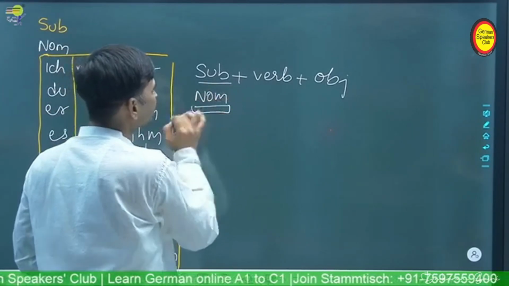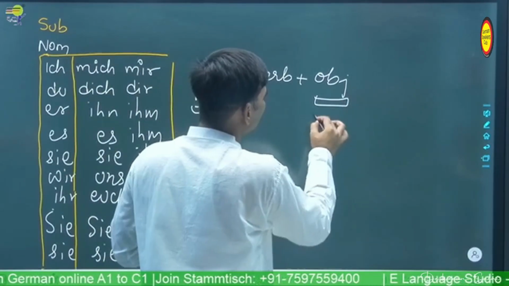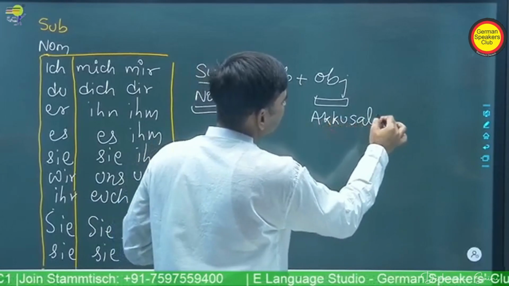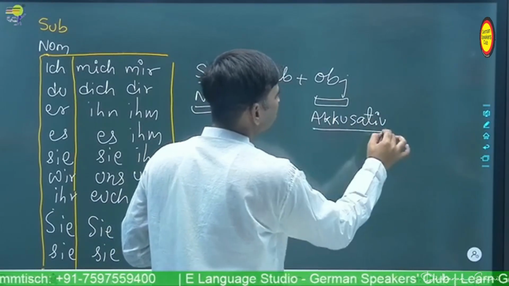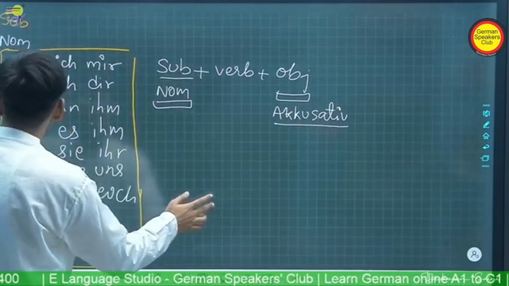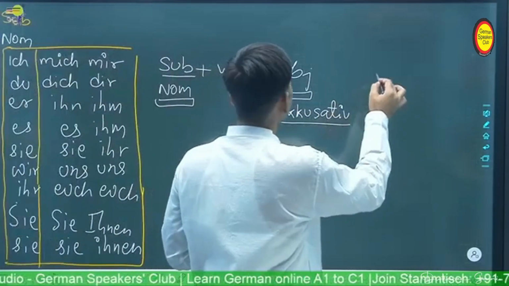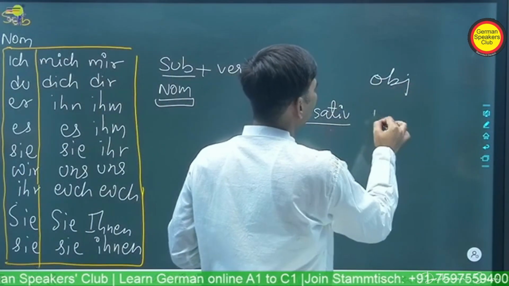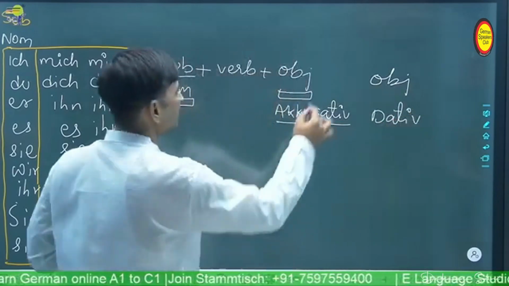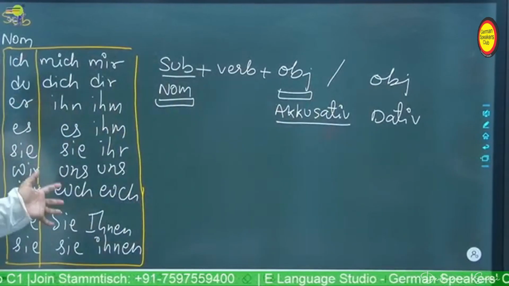When I talk about object, whether I call it accusative or dative case, I would call it Akkusativ at times, so that you get to know that there is a German teacher who has come to teach you. And at times I will call this object in the form of dative, or Dativ. I will explain this. This is object, and so is the other one.